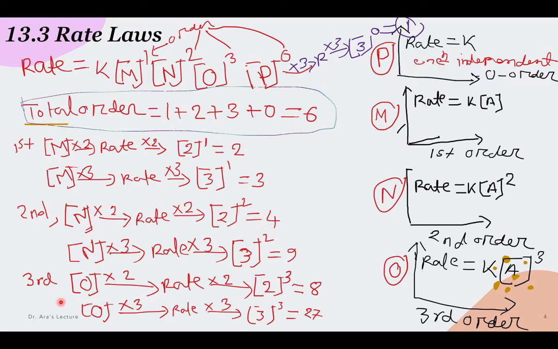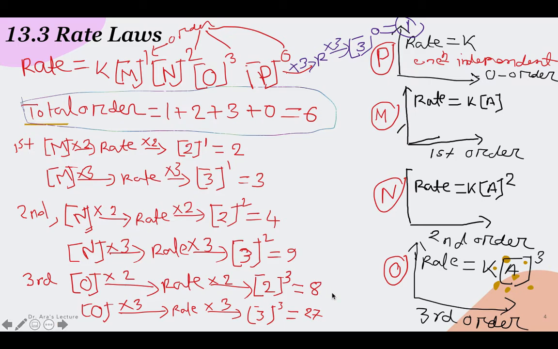In the case of a third order reaction, where the exponent is 3, if we increase the concentration 2x, then 2 to the power 3 gives 8. What does 2 to the power 3 mean?